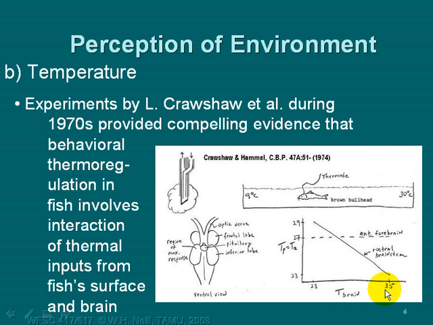In other words, it still kept itself near 27 degrees. It looked like 27 degrees was the preferred temperature of brown bullheads. And this was despite the fact that the brain might have been at 27 or might have been as low as 23 or might have been as high as 35. But so it made a good control for the trauma and all the handling.